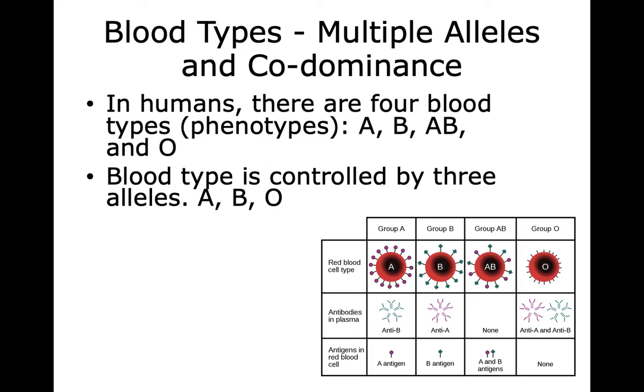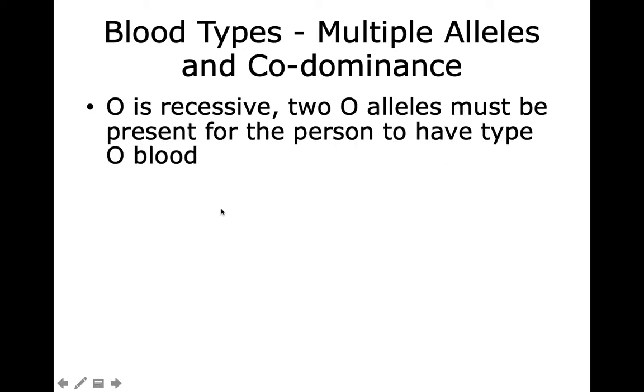So the blood type and how it's controlled has something to do with why you want to be sure that you get the right type of blood if you ever have to have a blood transfusion, just as a side note.